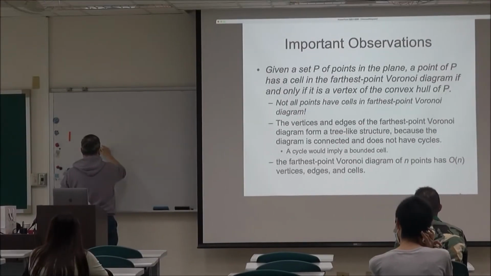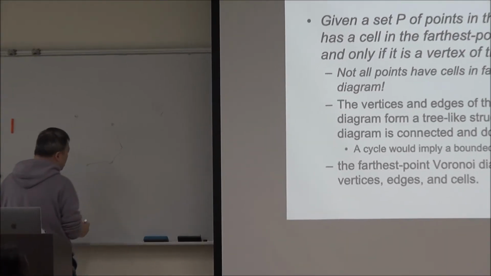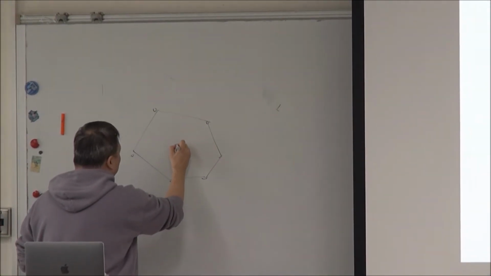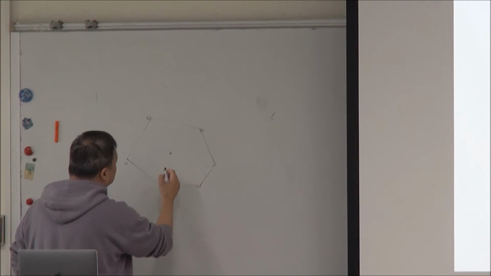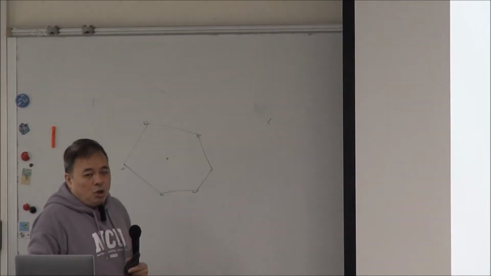Let's say we have a Voronoi diagram. We don't know what its shape is, okay? And we have another point somewhere in the middle. Then we use a proof by contradiction.